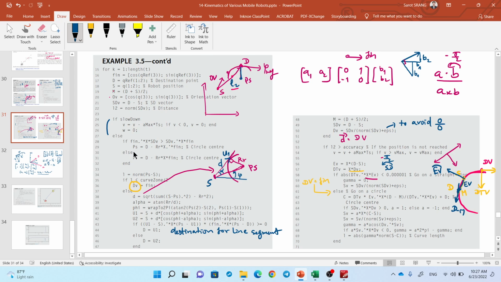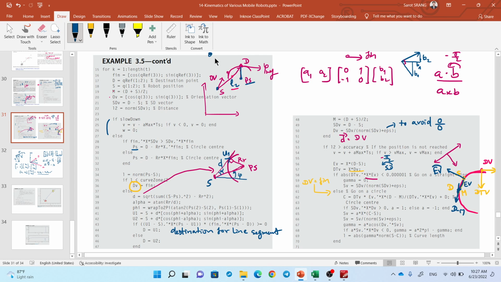Here is the way to find the center of the circle, PS, center of circle. These two cases make sure whether you are on this side of the destination or this side of the destination.